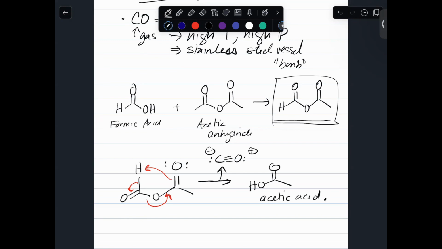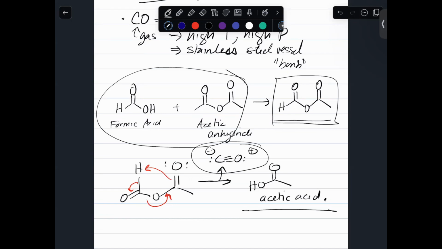And so it's really clever because you don't have to add all this excess gas and pump all this gas into your reaction. You can just use these two liquids, form enough carbon monoxide to set up your reaction, and your only byproduct isn't more carbon monoxide, it's just an acetic acid that you can neutralize in the end. So really clever are the advances that have come from troubleshooting these carbon monoxide reactions.